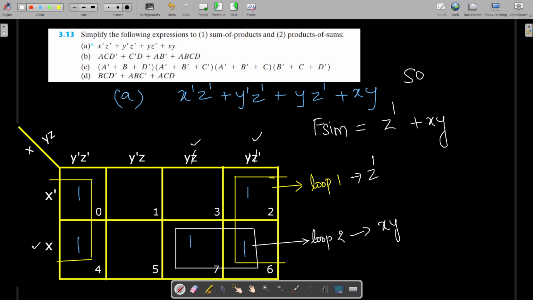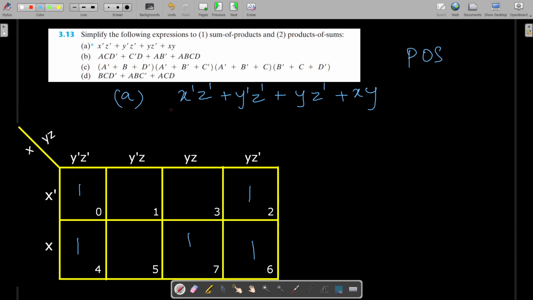This is in SOP form. Now we have to write the same with the POS. So for that we have to mark zeros in the remaining cells. Already we have marked ones for this problem, and the rest of the cells can be marked with zeros. So for those zeros we have to form groups.